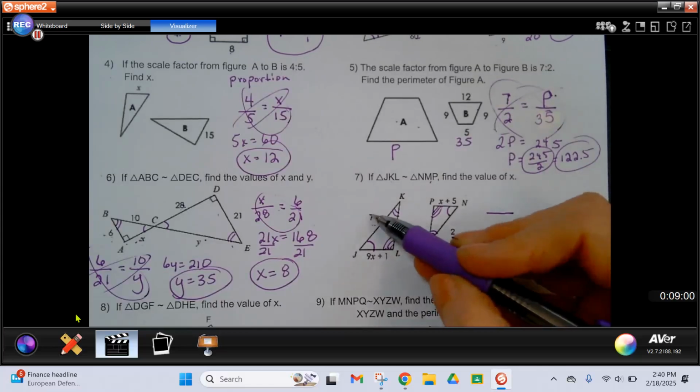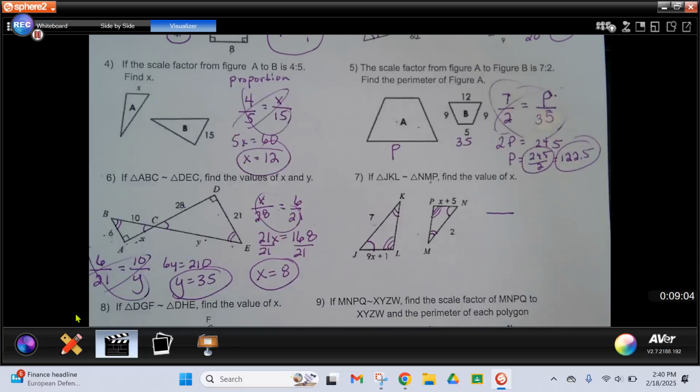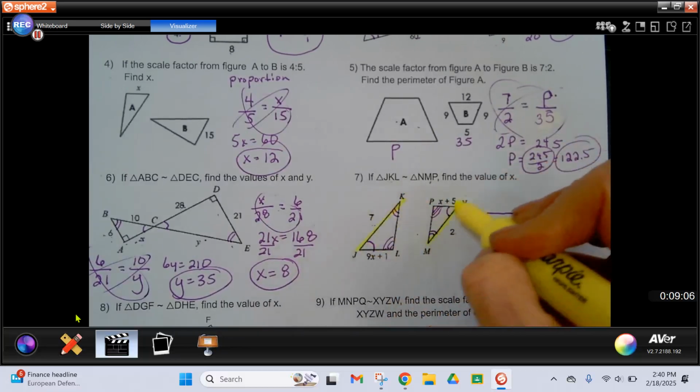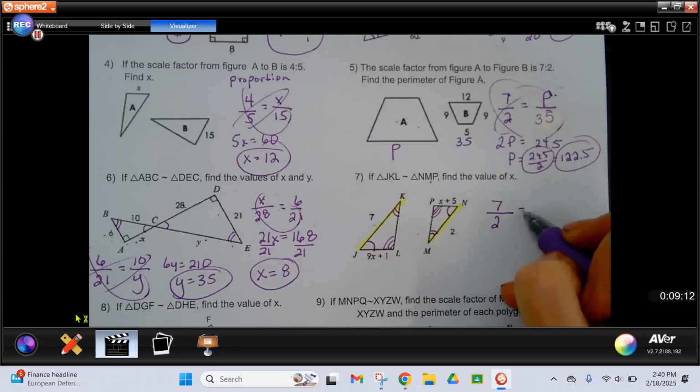I'm going to go from the large figure to the small figure, and I can see that 7 corresponds with 2. So 7 to 2 is going to be equal to, this side right here, 9x plus 1, is in between the 1 curvy mark and the 3 curvy mark, so that's going to correspond with x plus 5.